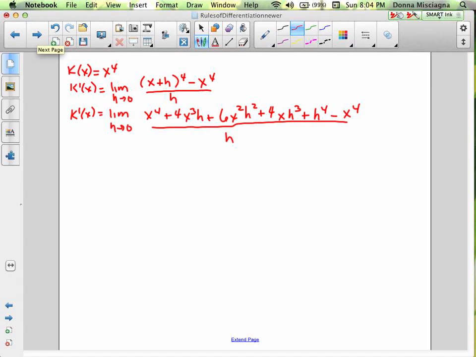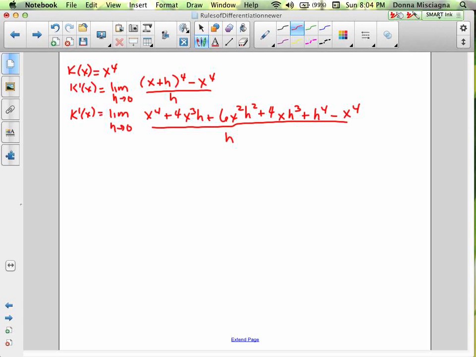All right, so all I did was I just raised x plus h to the 4th power. Those would be our terms there, with the correct coefficients. Notice how the exponents, one's going up and the other one's going down. So that's really easy to figure out that part, and I'll show you how to figure out the coefficients if you don't know.